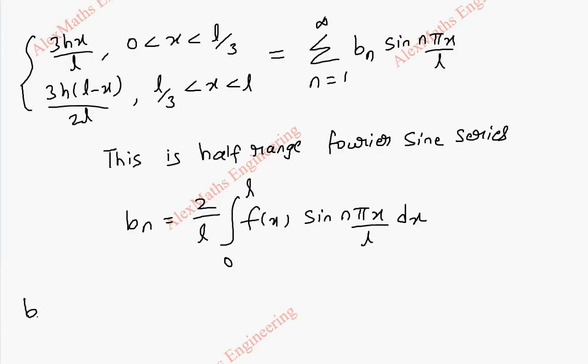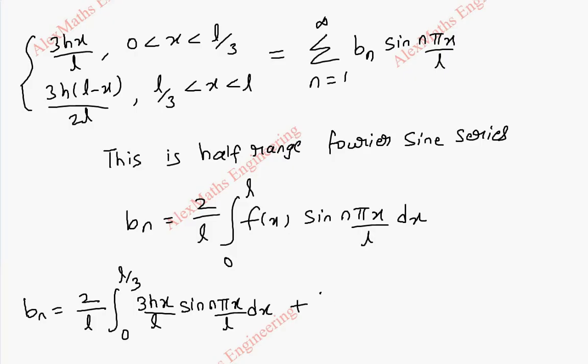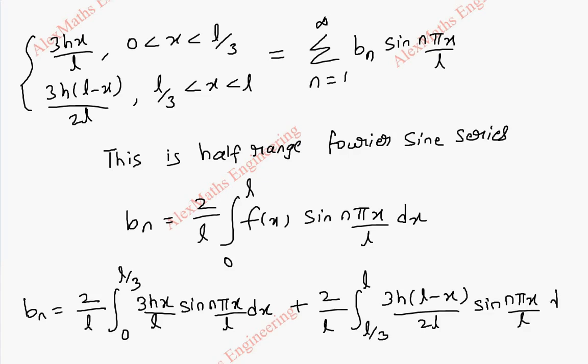So Bn equal to 2 by L integral, first part is from 0 to L by 3, and in this case f of x is 3hx by L into sin n pi x by L dx. Similarly, the second part is 2 by L integral L by 3 till L and 3h into L minus x by 2L into sin n pi x by L dx.